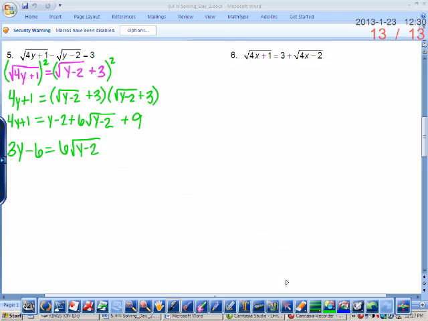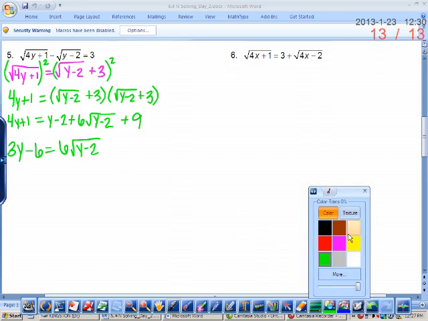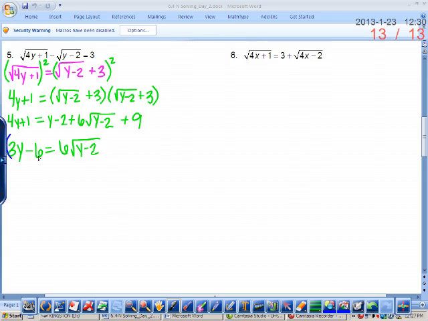But now we do want to get rid of that radical. So what are we going to do? Square both sides. So if you need to write out 3y minus 6 times 3y minus 6 in order to visualize it, please go ahead and do that. Okay? 3y squared is going to be 9y squared.